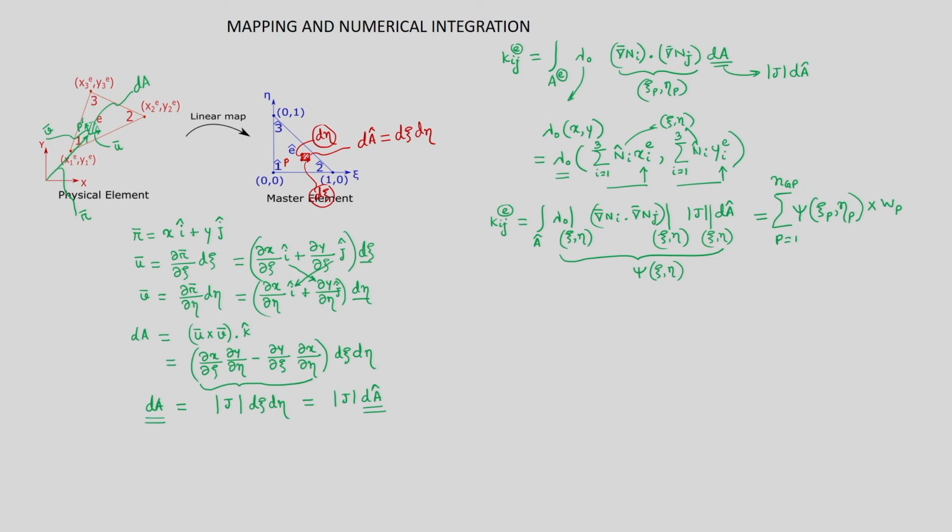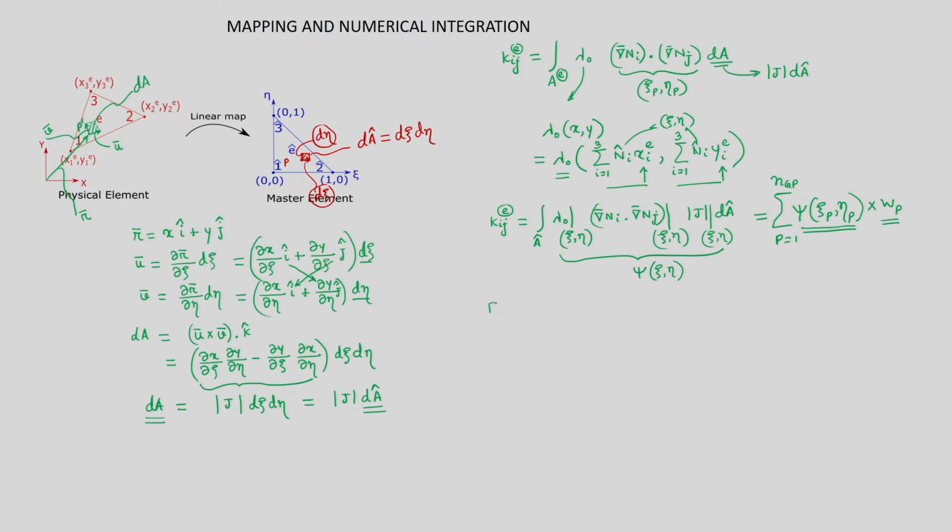So evaluate the integrand at certain points in the master element, multiply with the corresponding weight Wp, and do it for all the Gauss points and sum. So that is how we calculate Kij numerically.